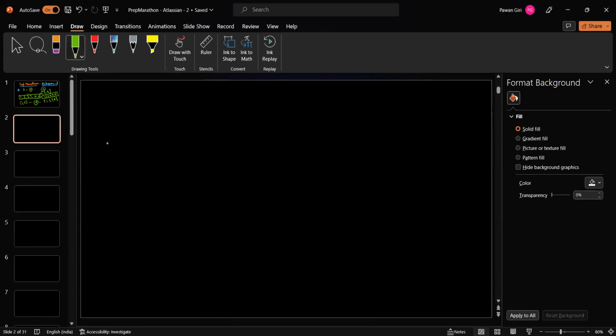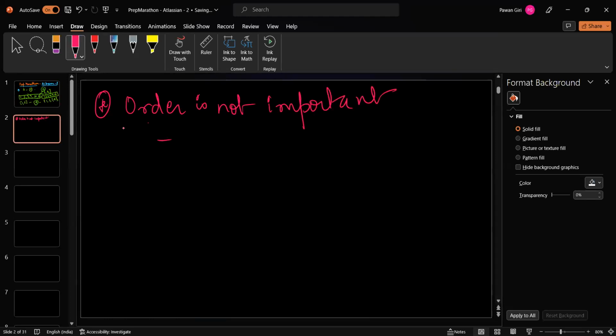And one thing that I am repeating again and writing here also: when order is not important, always sort the array. So your array is sorted: 1, 3, 3, 4, 9, and 10.